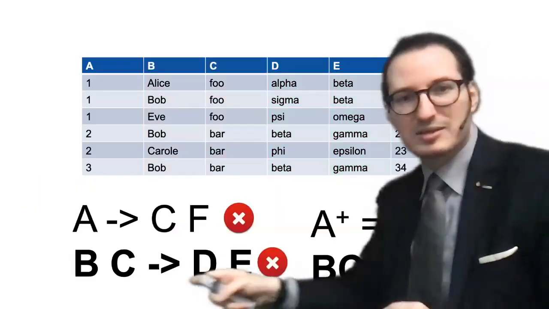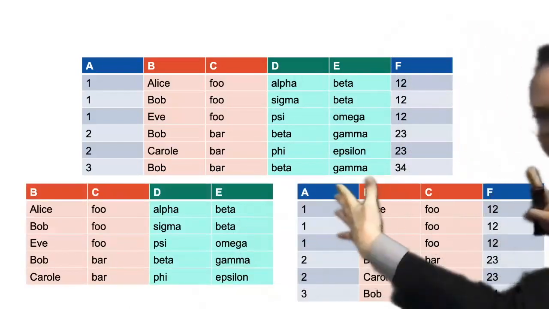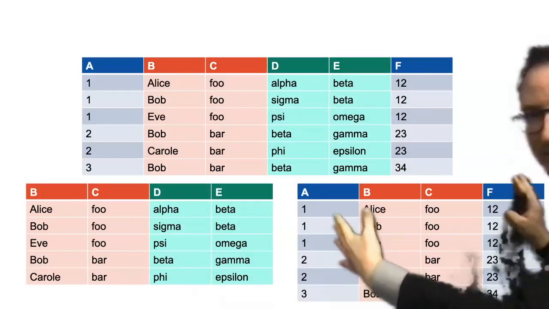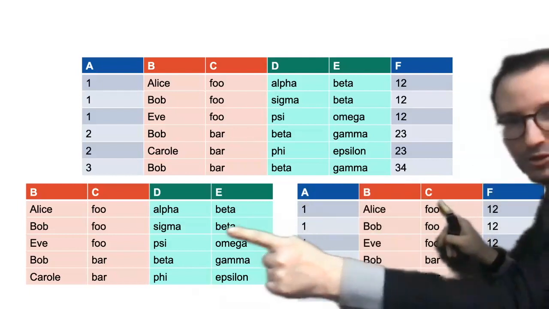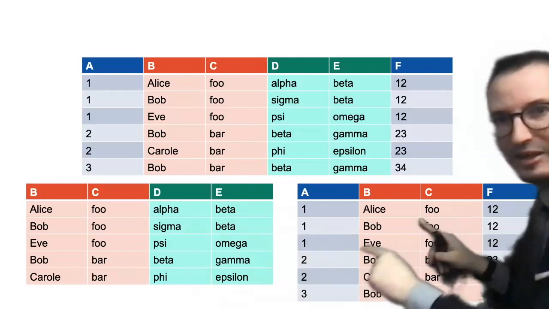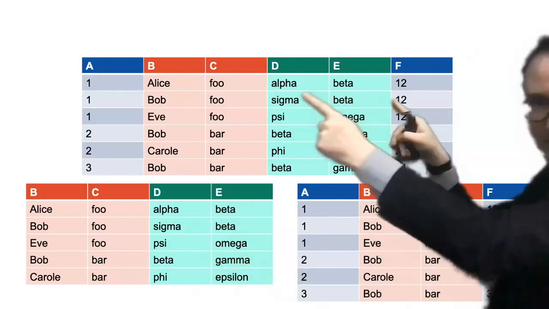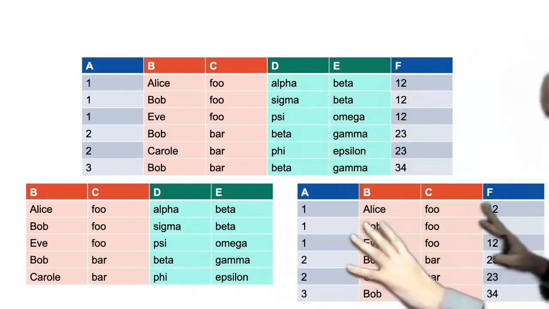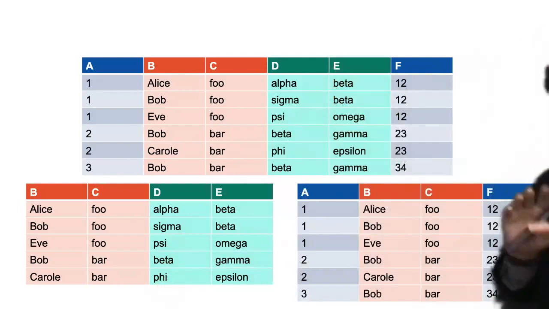And now, since I have BC that gives me D and E, when I join that back, I have this. I add back D and E, but I take them from there, right? If I have Alice and Foo, that's going to give me alpha and beta. If I have Bob and Foo, that's going to give me sigma and beta. But you see, that's what I get back here. So who sees that if I join this back with this, I get this? Who sees that?